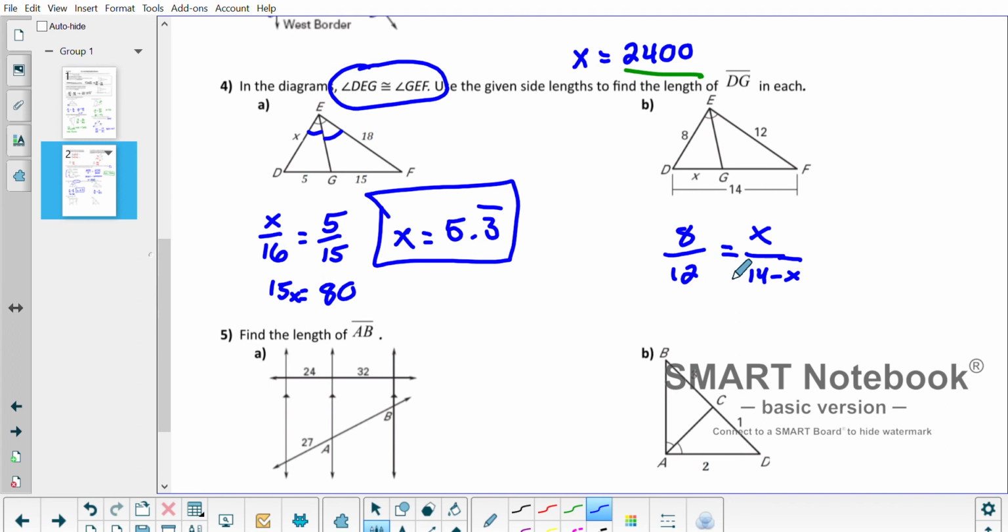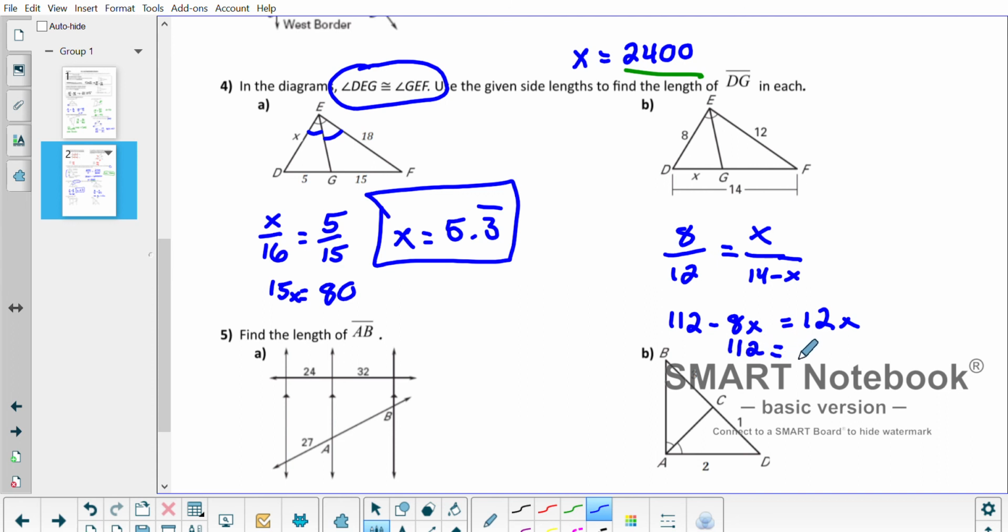So now we've got this proportion. We can go ahead and use our cross products here. Remember, when we use our cross products for x times 14 minus x, we are going to have to use the distributive property. So 8 times 14 is going to give us 112, minus that 8x is equal to 12x. So if we solve this two-step problem, go ahead and add 8x to both sides.